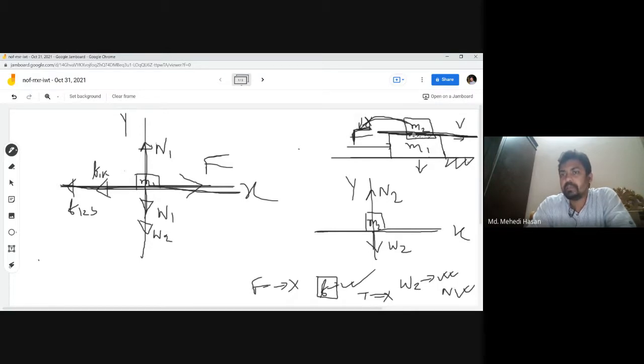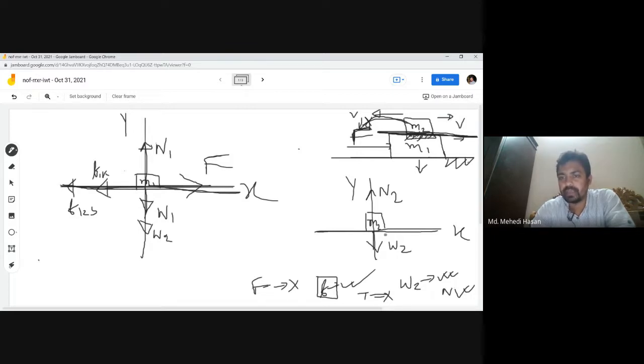But the question is they will move combinedly, so that's why the friction acting is static friction. In the case of static friction, to find the direction we have to keep in mind the motion of the object also. M2 tries to move backward, the imaginary motion and velocity are backward, so the friction on m2 will act rightward.